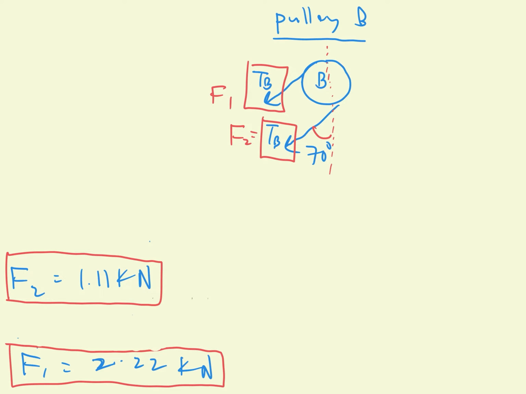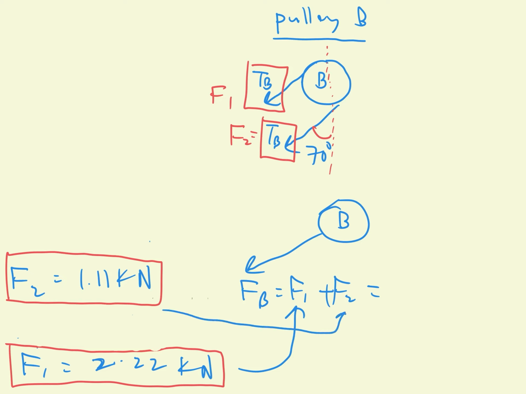The total force F_B is equal to F1 plus F2. We put the value of F1 here, and then F2, and we will get the force acting at pulley B of around 3.33 kilonewton.